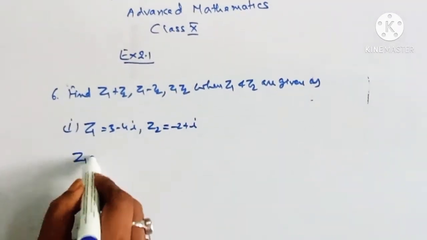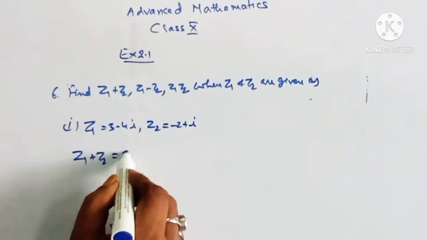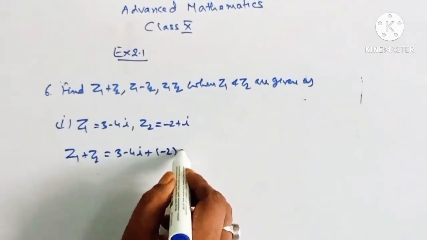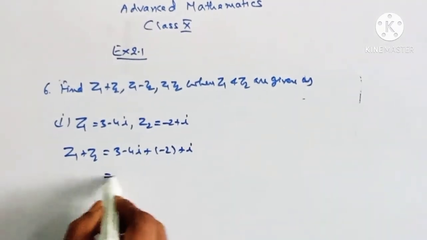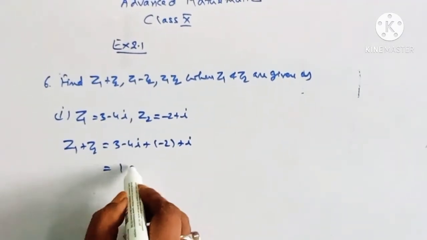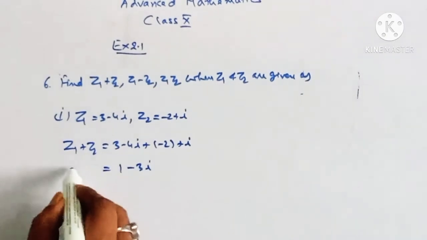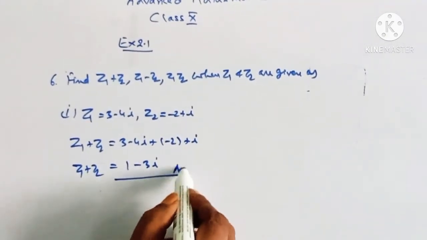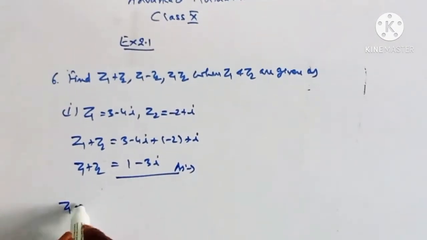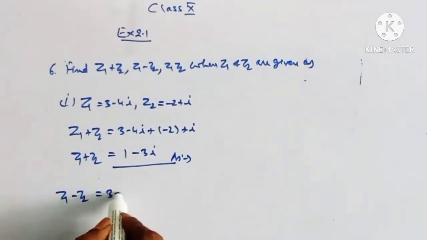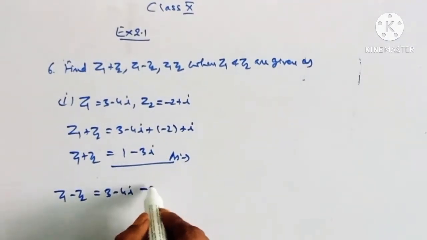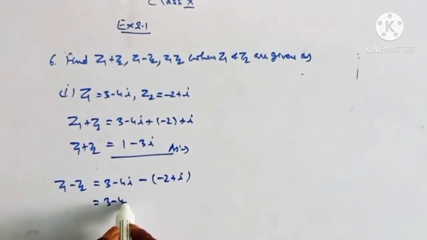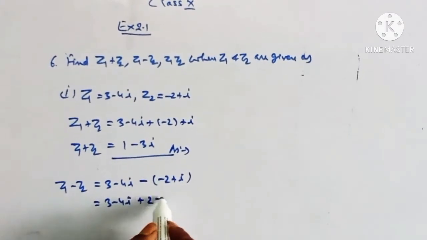So z1 plus z2, that is equal to 3 minus 4i plus minus 2 plus i. So this becomes 1 minus 3i. So z1 plus z2, this is your answer. Similarly, z1 minus z2, that is equal to 3 minus 4i minus bracket minus 2 plus i. So this will be 3 minus 4i plus 2 minus i.